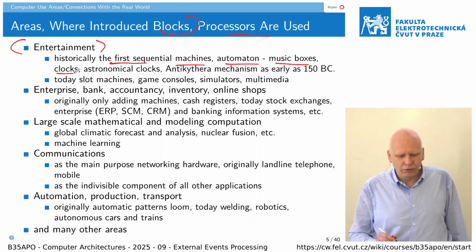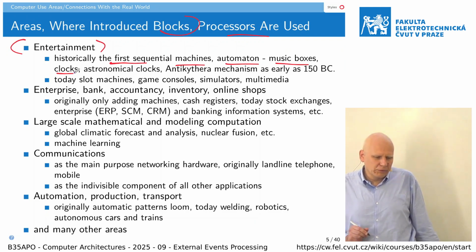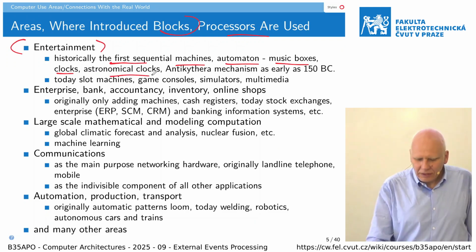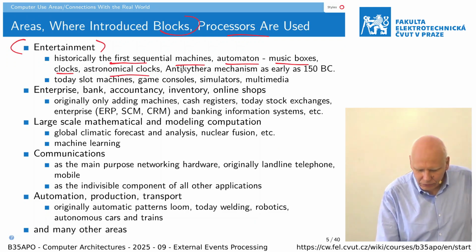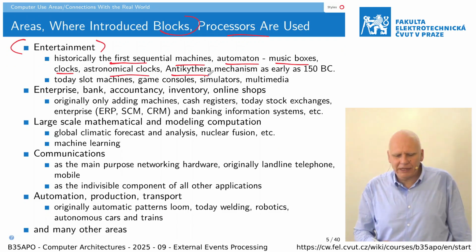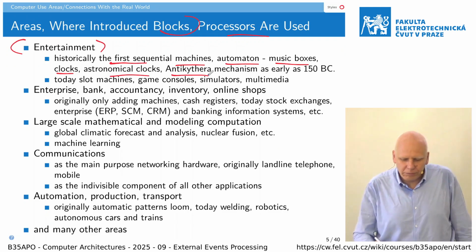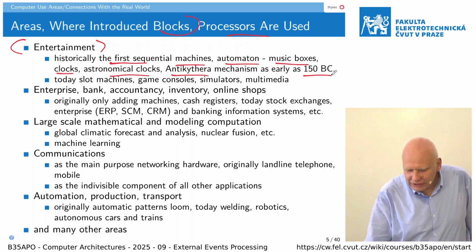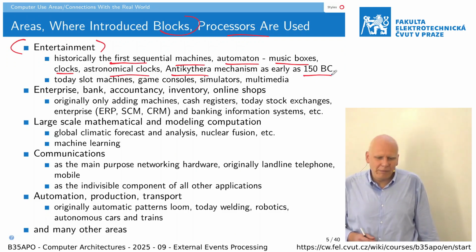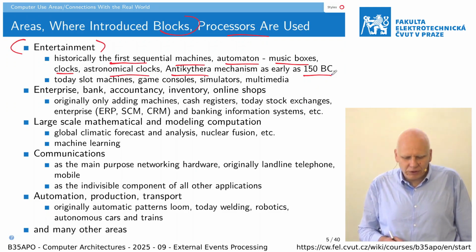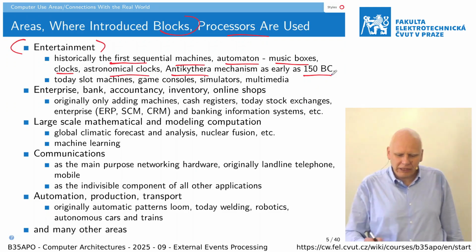Okay, this is not only for amusement, but even for the measuring of time. But then we can look at the Antikythera mechanism, for example, which was a very precise analog computer built about 150 years before Christ, so it is quite an old mechanism.